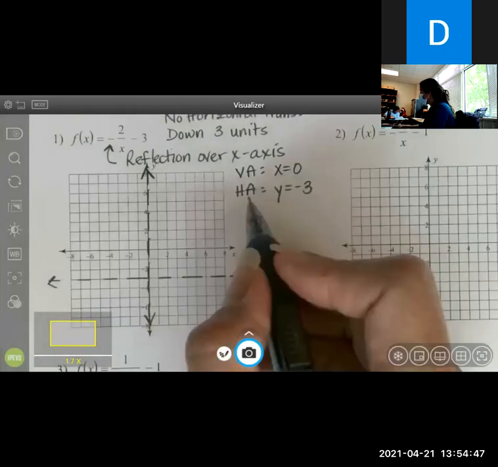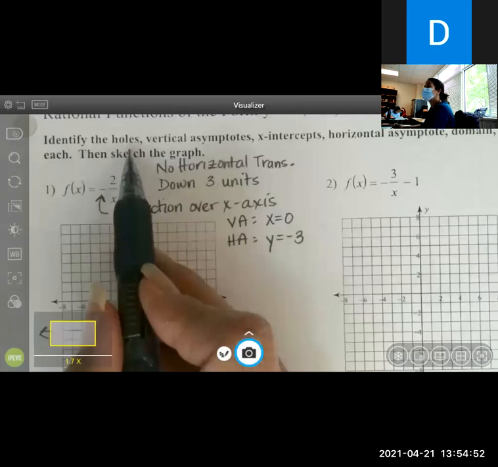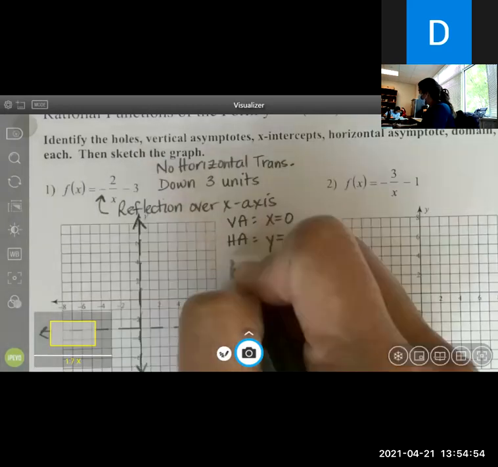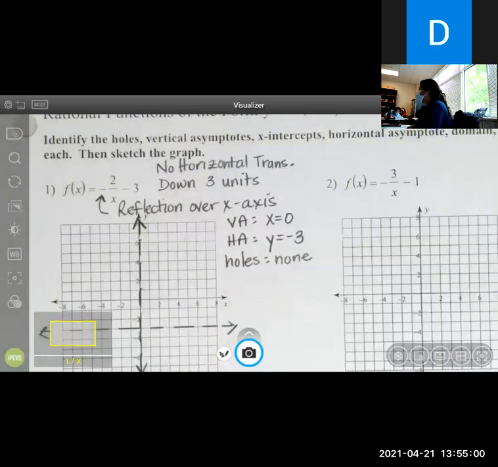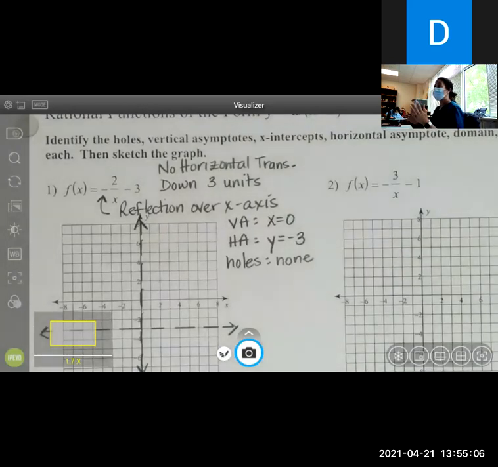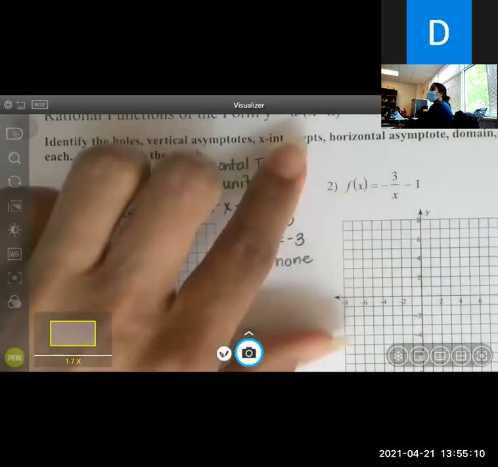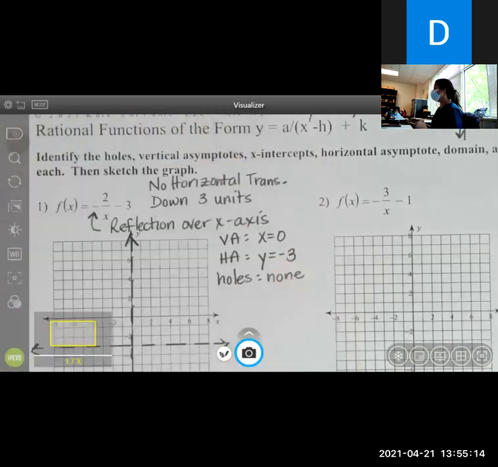Once you've figured out both of these, you are going to go look for our holes. Now, for this section, holes are going to be none the entire time, okay? The reason I did include the feature still is because in the future, you will have both forms given to you, this form and then the one I'm going to be giving to you on Friday. You have to remember which one does not have holes, okay?